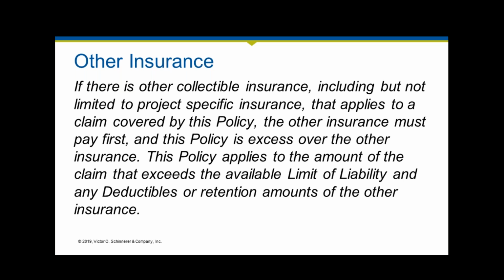Your practice policy would provide coverage over and above a project policy to the extent that the project policy denies a claim for which you already have coverage under your practice policy, or to the extent that the limits are inadequate and are completely paid. Then if you still have liability, that would extend to your practice policy as well.